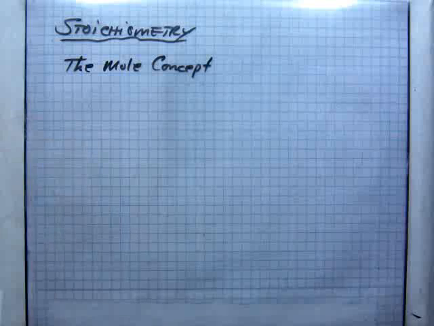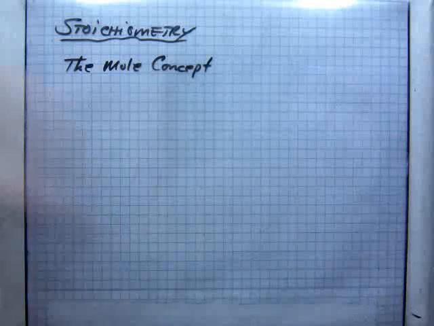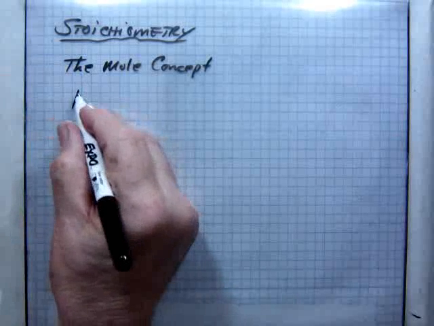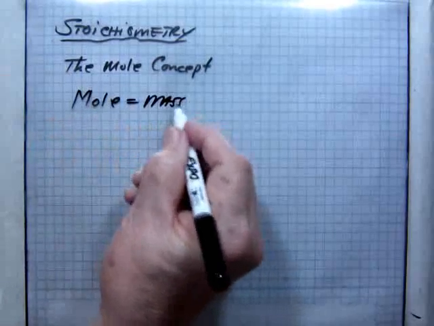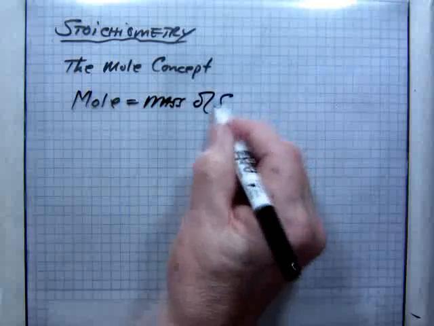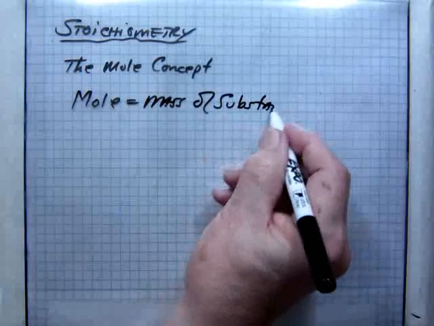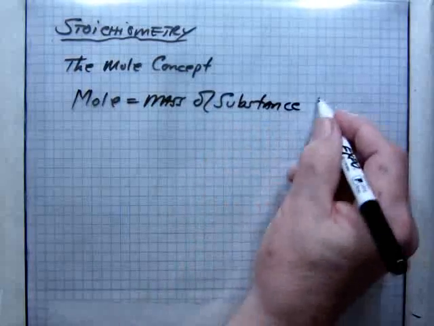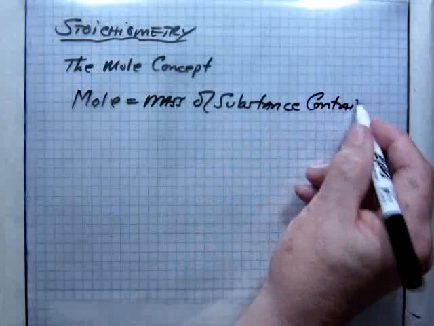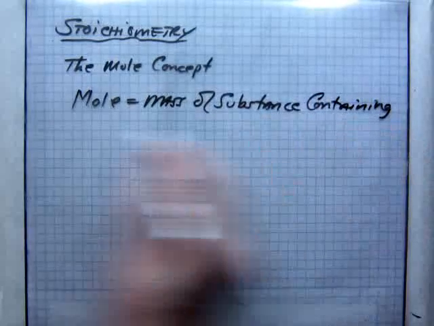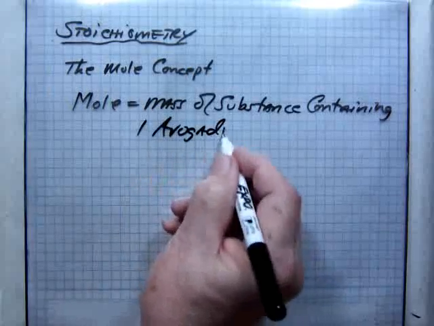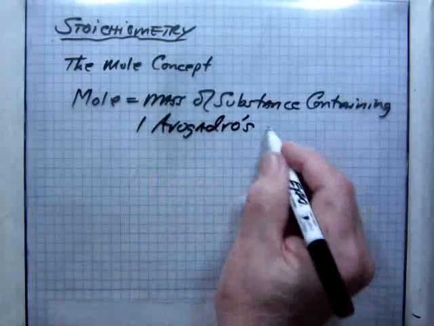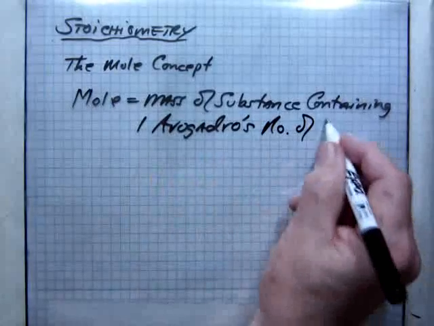Now, a mole is a mass number. It is the mass of substance containing 1 Avogadro's number of particles.